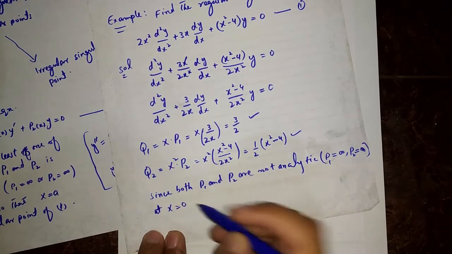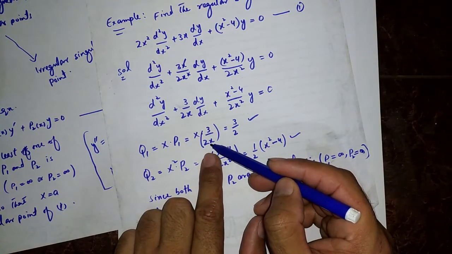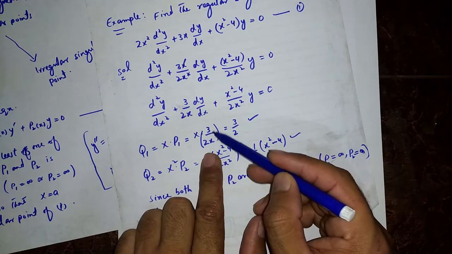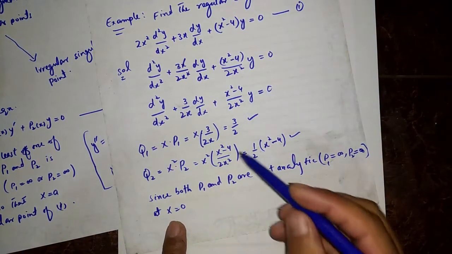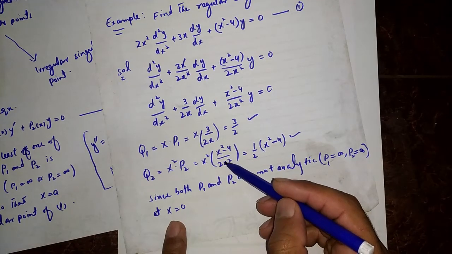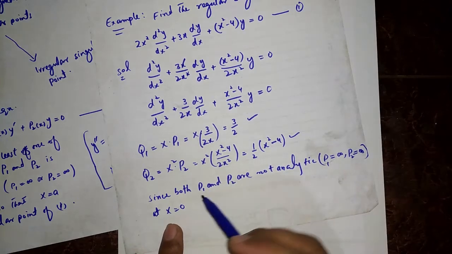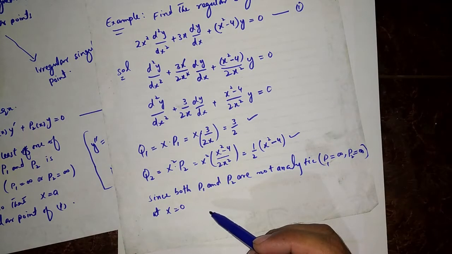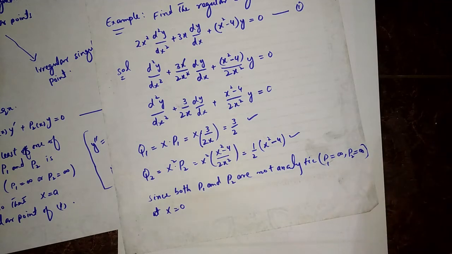Here this is p1, 3 upon 2x. If you substitute x equals to 0, then p1 is infinity. And for the same case, if you put x equals to 0, this p2 is also infinity. Therefore at x equals to 0, both p1 and p2 are not analytic.